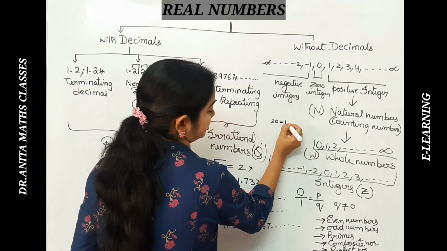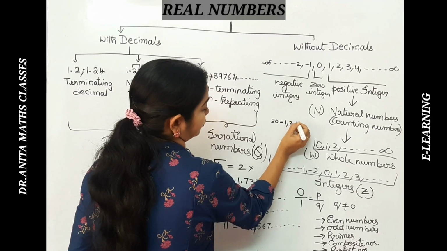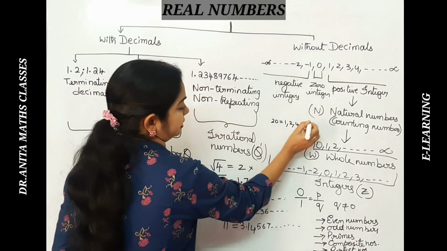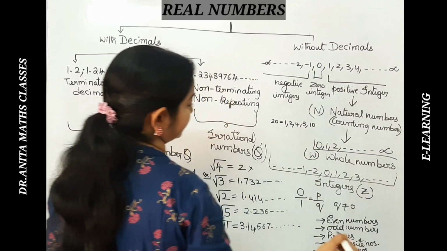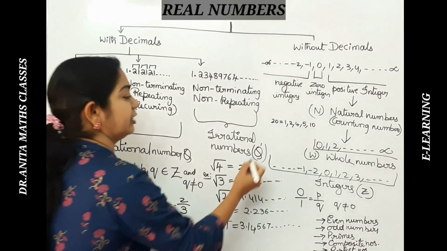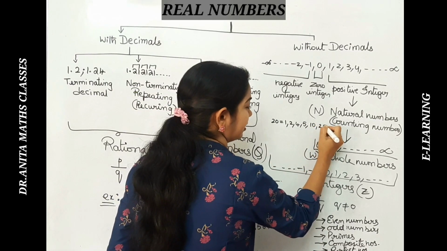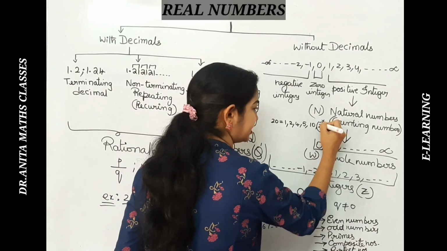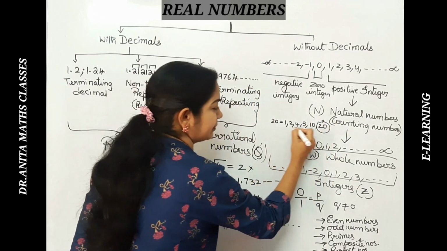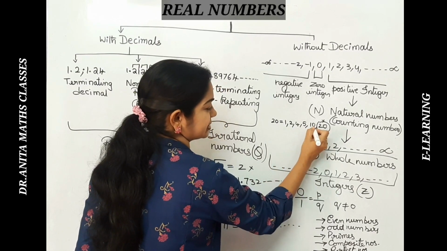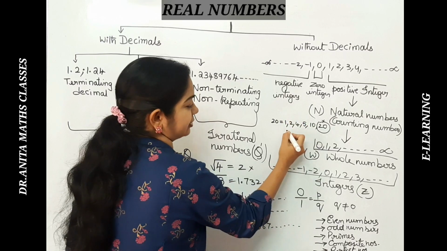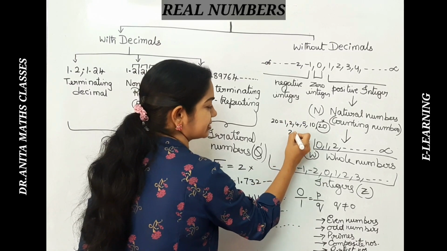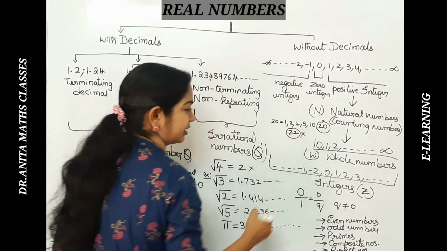The divisors of 20 are 1, 2, 4, 5, 10, and 20. Apart from the number itself, remove that, and if you sum up the other divisors, 10 plus 5 is 15, 19, 20, 22. So the sum of the divisors is 22. So this is not a perfect number.